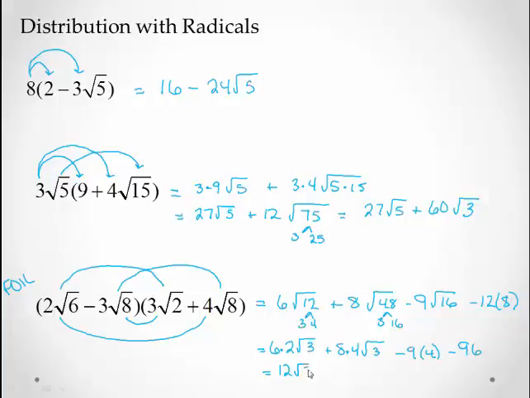So this is 12 radical 3 plus 32 radical 3 minus 9 times 4, which is 36, minus 96. These terms match and these terms match, so I can simplify even further. Sorry, I'm running out of room. 12 plus 32 is 44. And negative 36 minus 96 is going to be negative 132. And that will be my final answer.